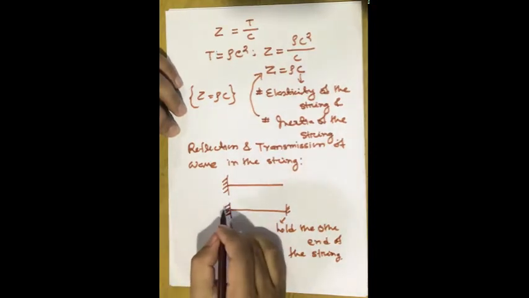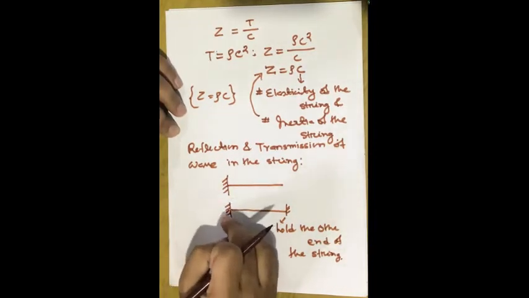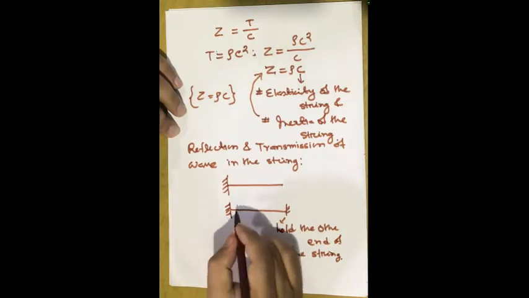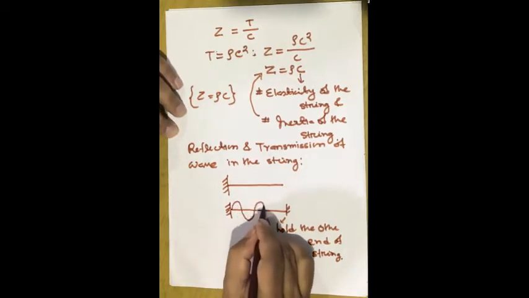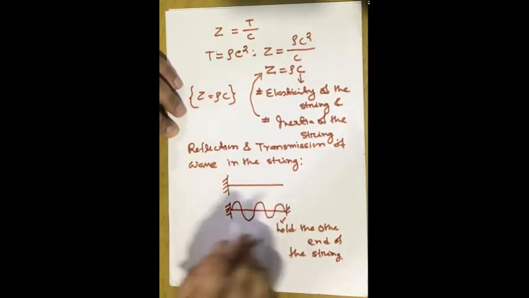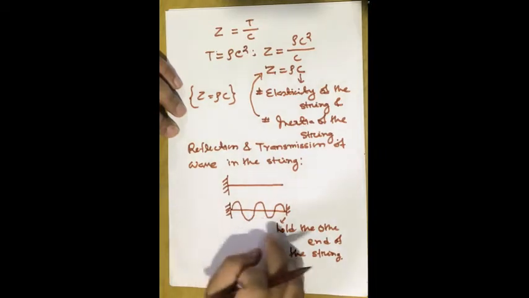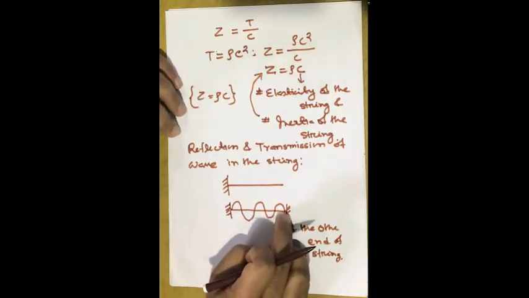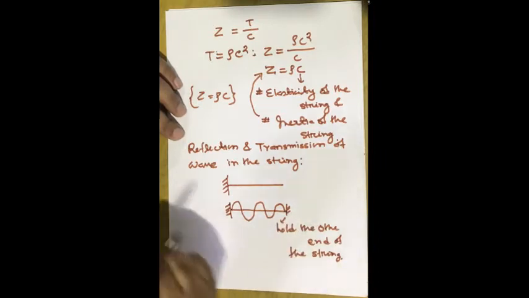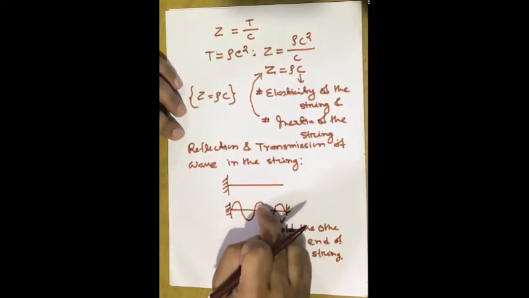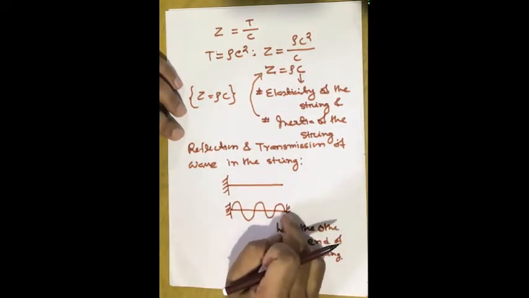Once you hit the string at this end with some oscillating force, the wave will travel through the string like that. Since the other end of the string is now very tightly held, the wave cannot pass through this part, because the other end is fixed.